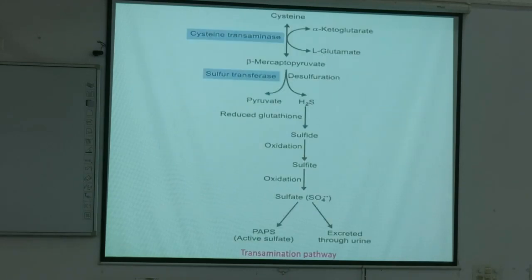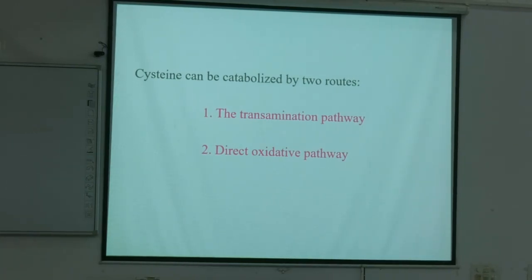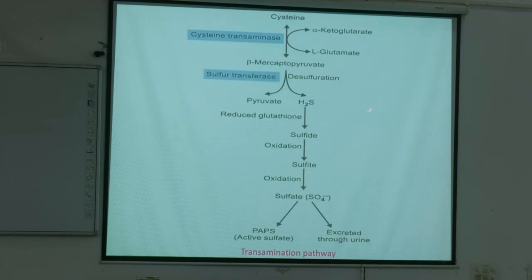The first pathway we call the transamination pathway, the second pathway is called the direct oxidative pathway. In some of the books they mention it as 2 pathways. Okay, here reduced glutathione is required for these reactions.